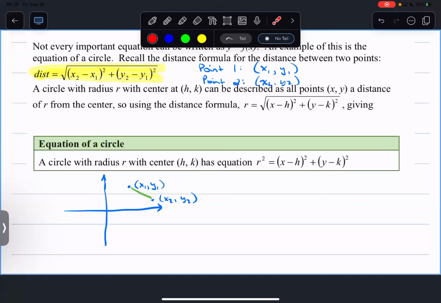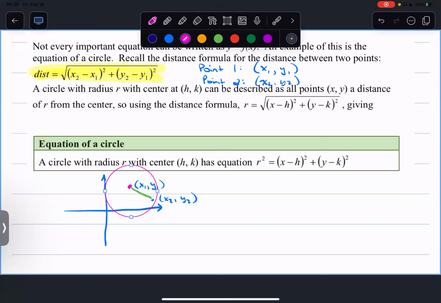Okay, so what could we do? We could use this to figure out the equation of a circle. If I let this be my center, then what could I do? I didn't make enough of a circle. Let me try that again. Aha. Not very good, but right.